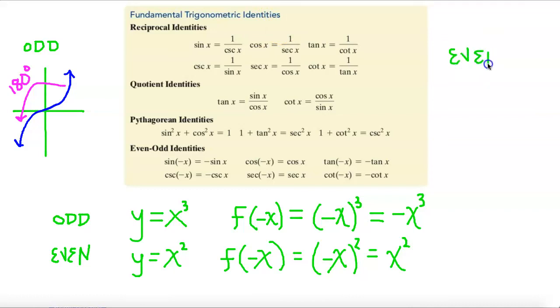Even graphs have a symmetry as well. Their graphs are going to be symmetrical in the same way that a parabola is symmetrical. Remember that a parabola is going to be symmetrical about this axis in the middle, right? And so we have this reflection. There is a reflective symmetry across the y-axis.